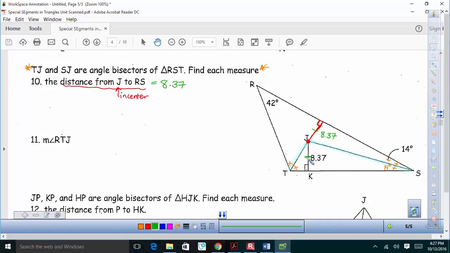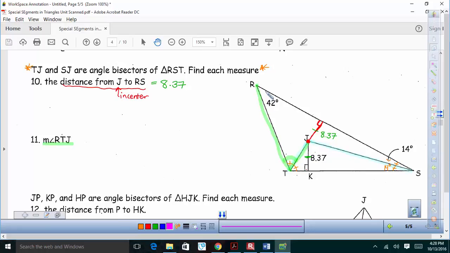Okay? The second thing they asked me for is angle RTJ. So if I go from R to T to J, I'm looking for this angle right here. Okay? So when you're trying to find pieces of angles like this, we actually want to look at the big triangle.